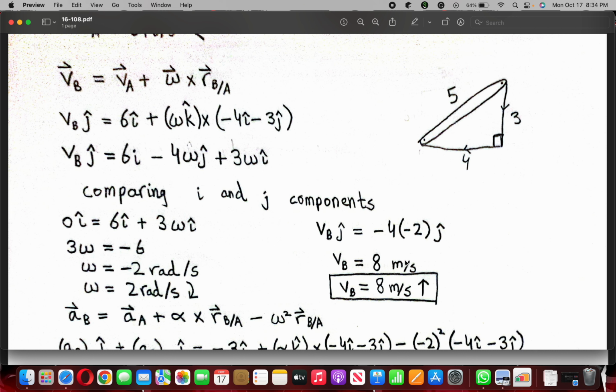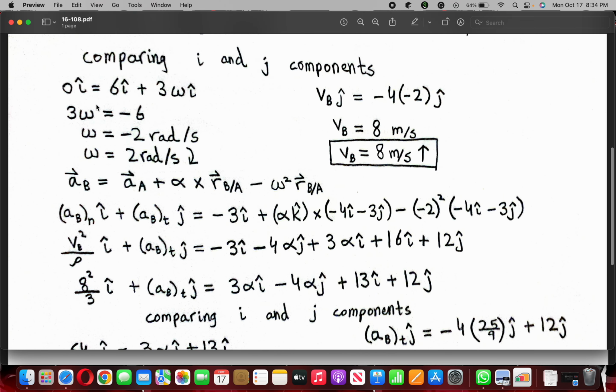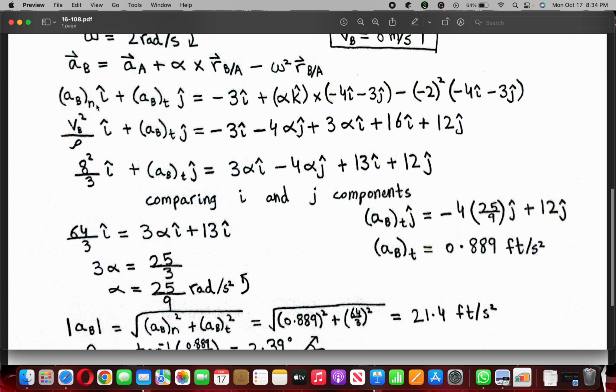Now we have to find the acceleration at B. We use the formula AB equals acceleration at A, and then the relative terms: alpha multiplied by R, B relative to A, minus omega squared R, B relative to A. We can see that it is moving along a curve, and the acceleration is divided into two components, one normal and one tangential.